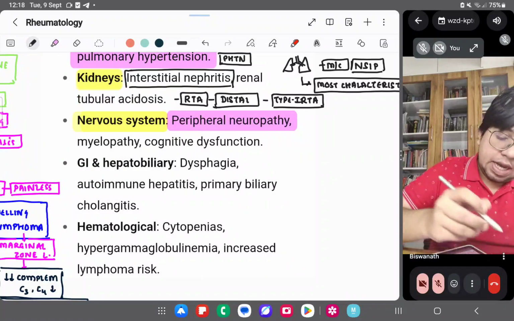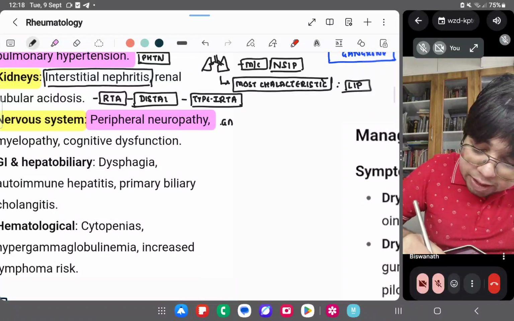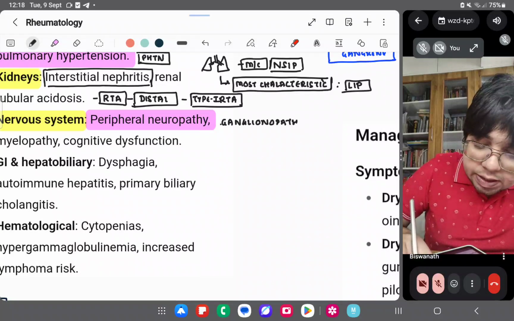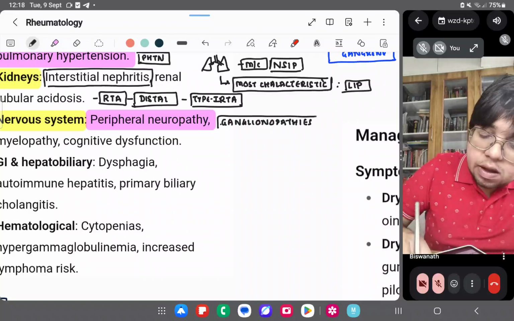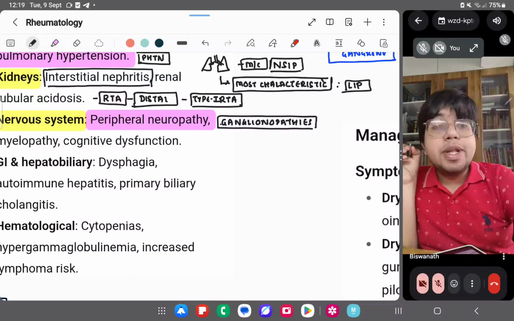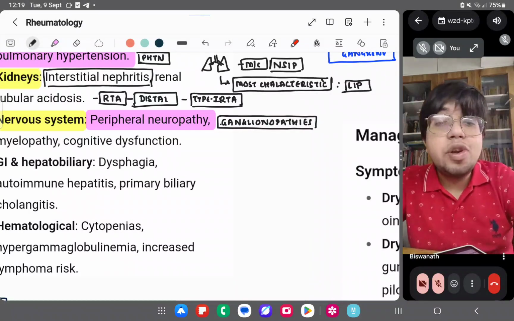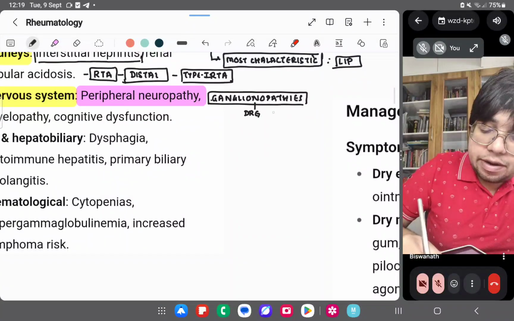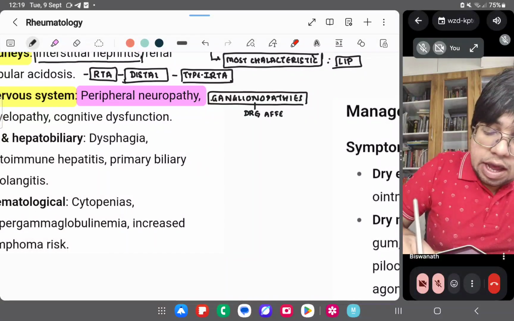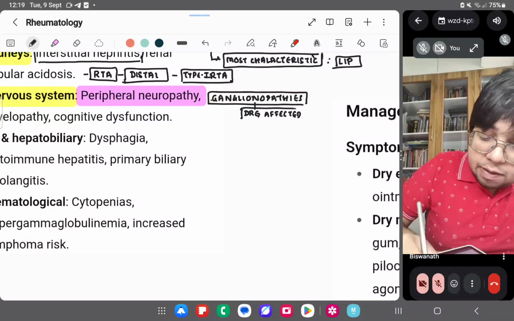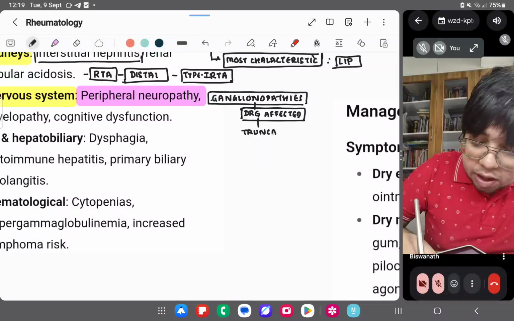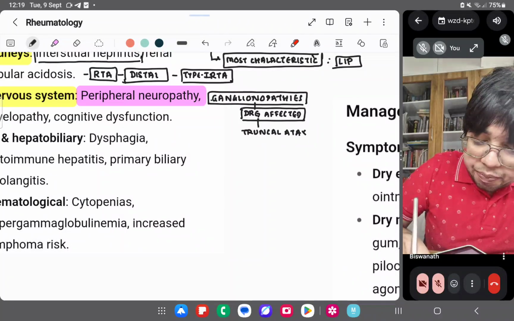It can also be associated with ganglionopathies, that is the dorsal root ganglion is affected, DRG affected. And whenever DRG is affected, the patient will present with truncal ataxia.